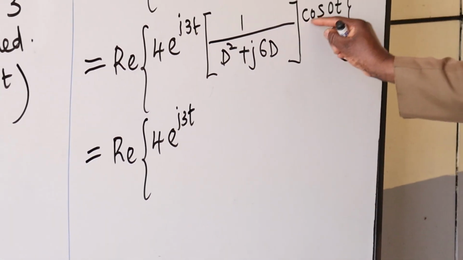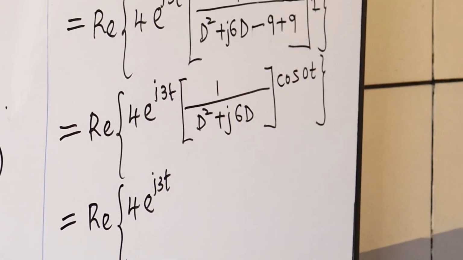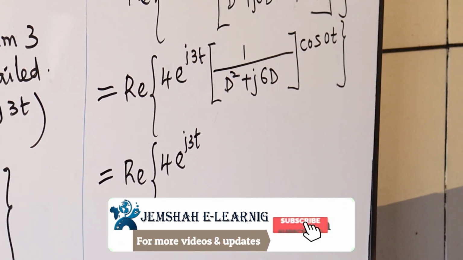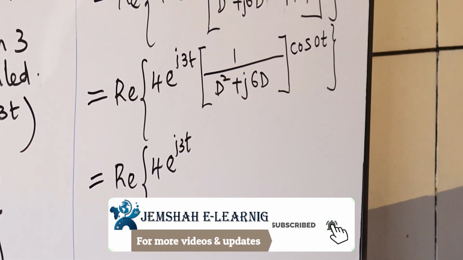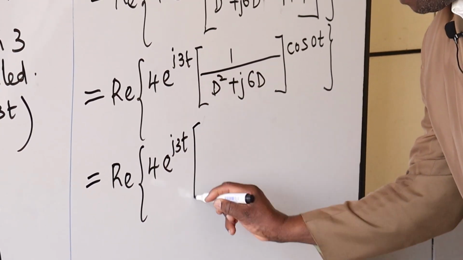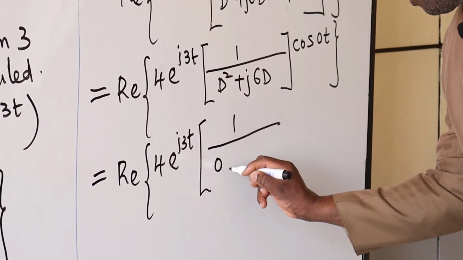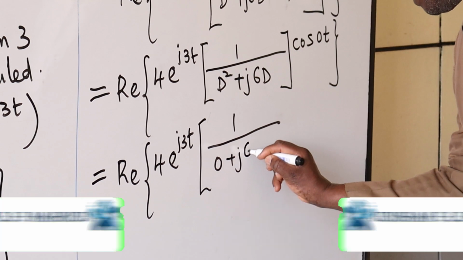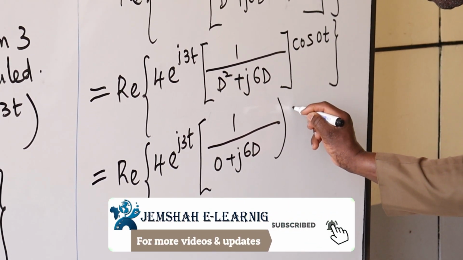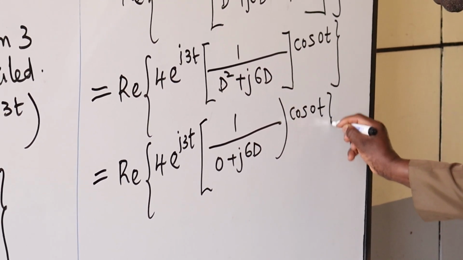Applying Theorem 3, because we have a cosine now, our a is now 0. When you square 0, you get 0. You get negative 1 times 0 is also 0, and we replace where there was D squared. So this one will now be 1 all over 0 plus j6D, the whole of this multiplying cos 0t.